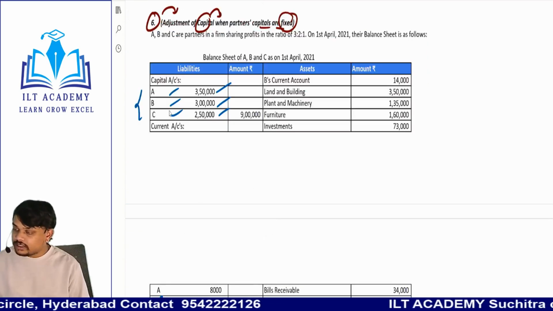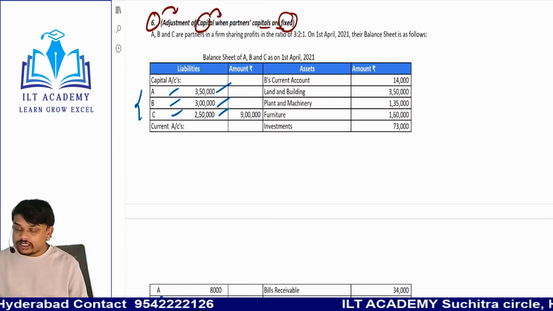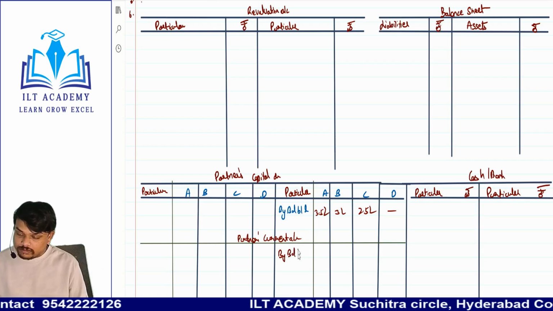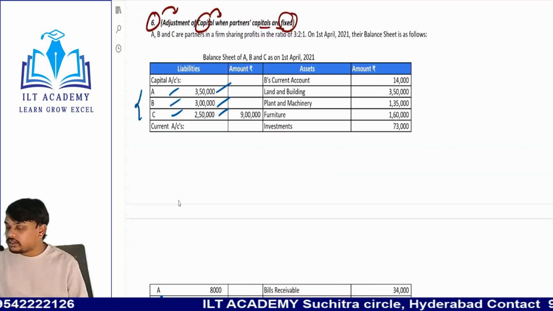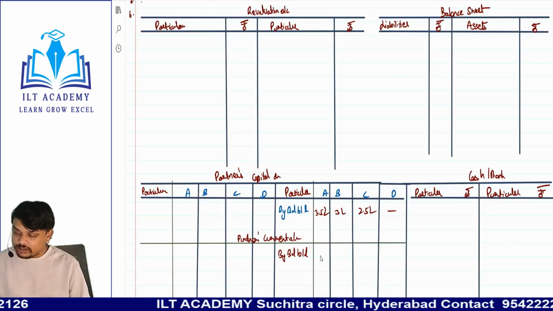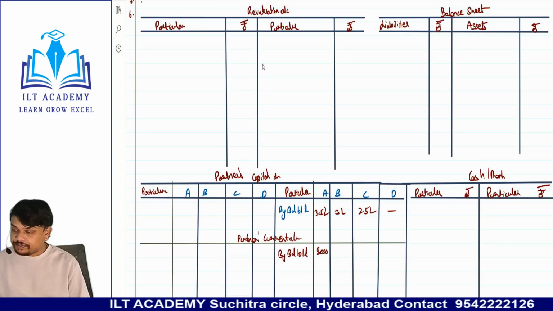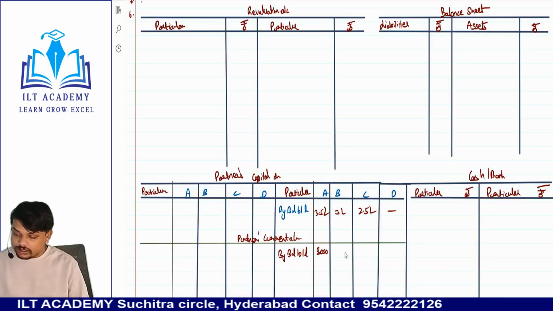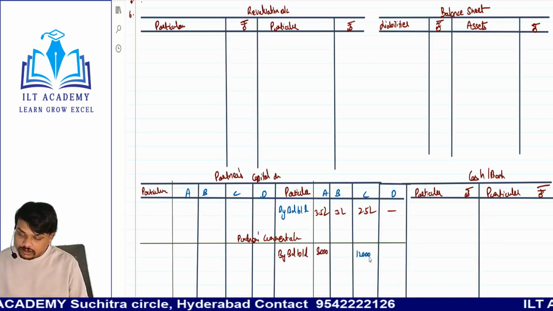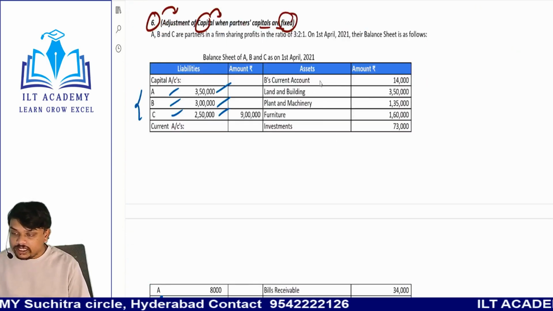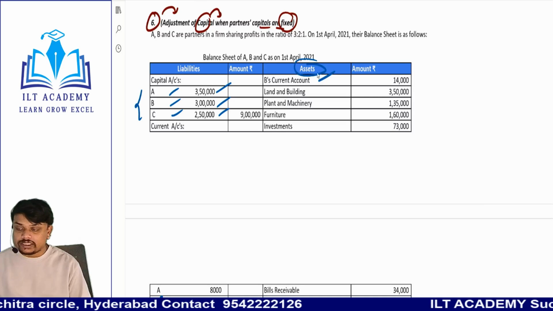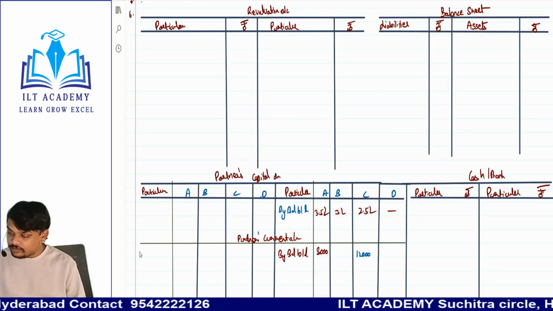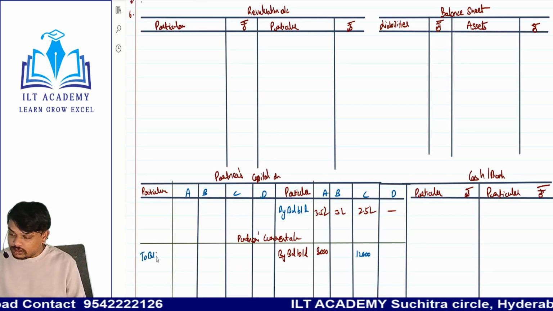Note down the current account balances by balance brought down: 8,000 for A and 12,000 for C. Coming to B, B is having a debit balance of 14,000.